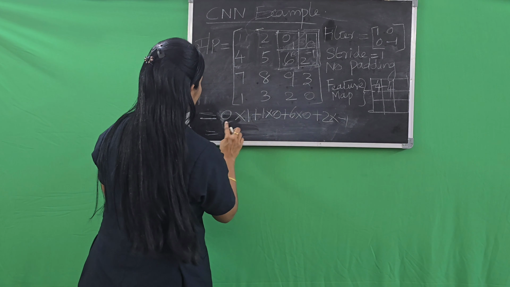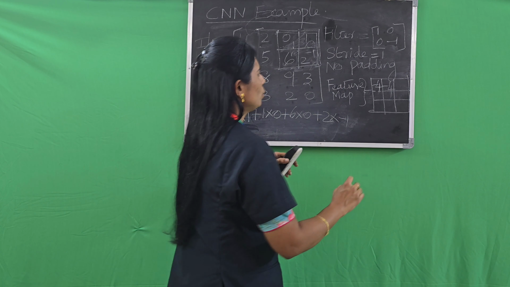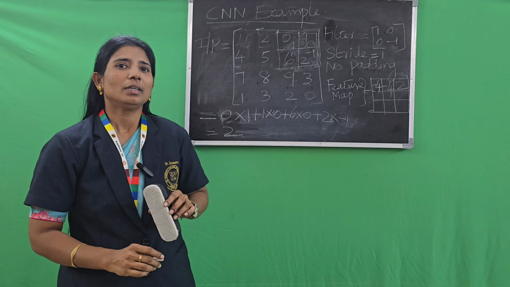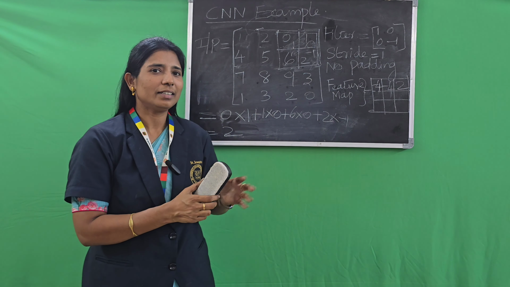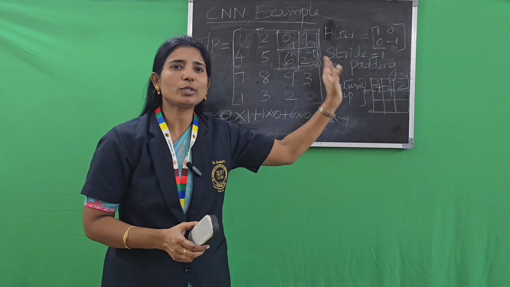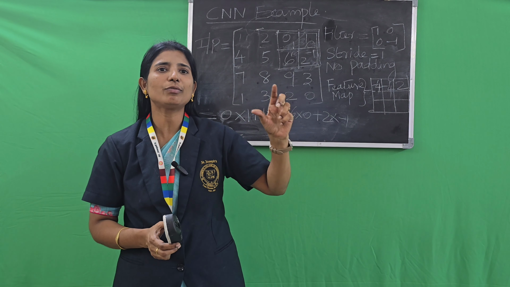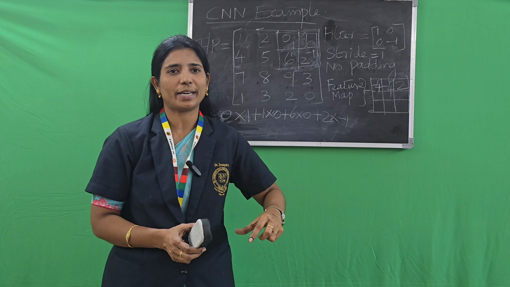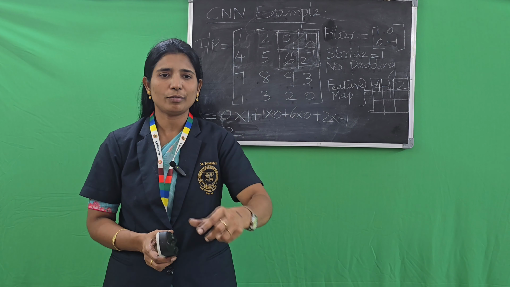So the result will be plus 2. This will be stored in the feature map. Now the kernel reaches the rightmost position. So we can shift the filter 1 step down and then do the same dot product and the result will be stored in the feature map.